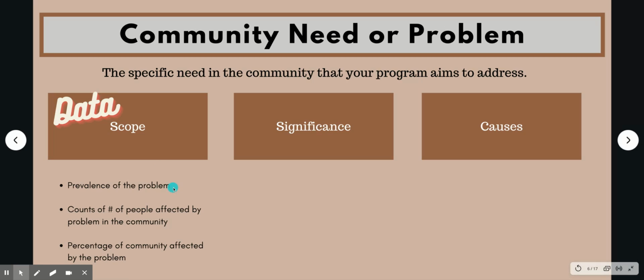Or what's the prevalence of the problem in the community? So, how many people are affected by the problem? Another way to address this or show this would be to say the percentage of the community affected by the problem.